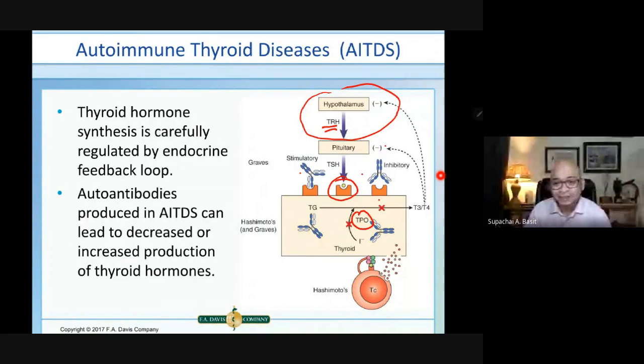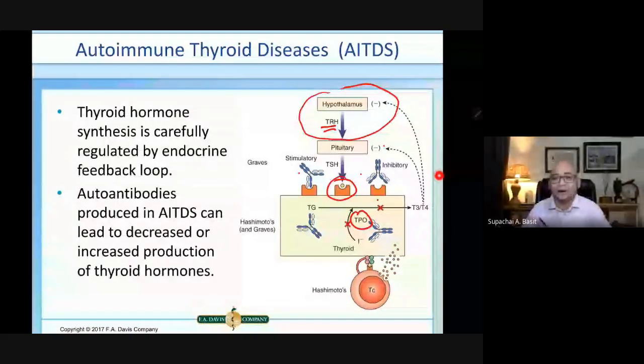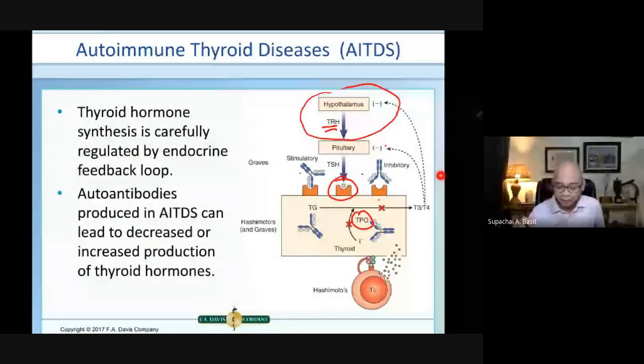So thyroid peroxidase will oxidize the iodine ions that are incorporated into thyroglobulin. Kaya yung mga bata na mayroong iodine deficiency would also have abnormal thyroid hormone. Now, kaya nga sabi, mag-iodize so, di ba?